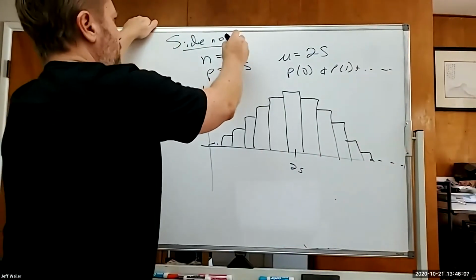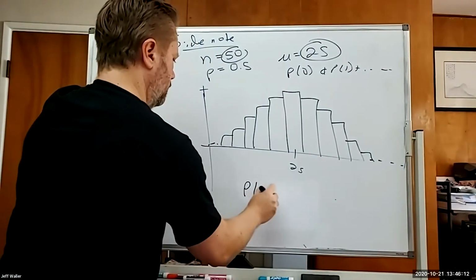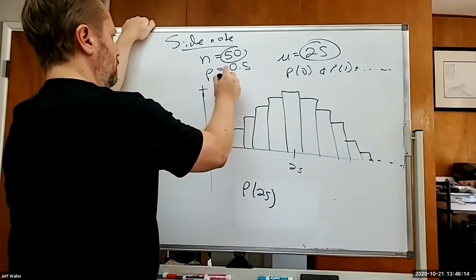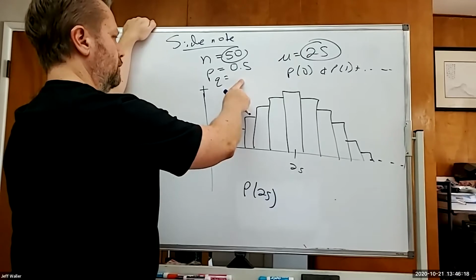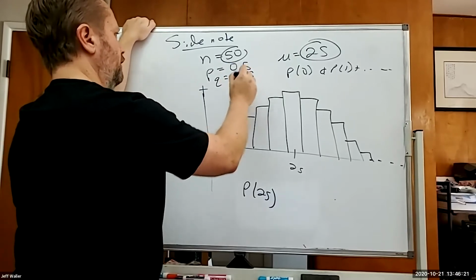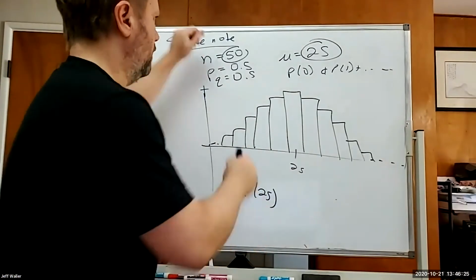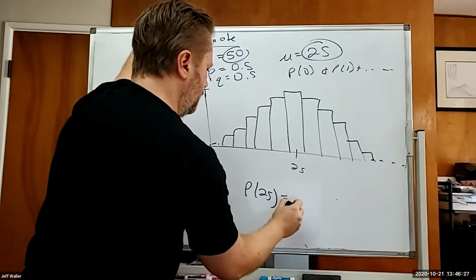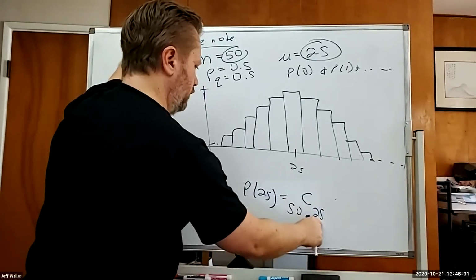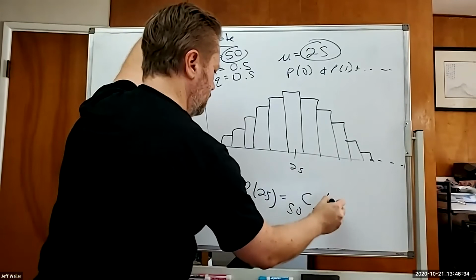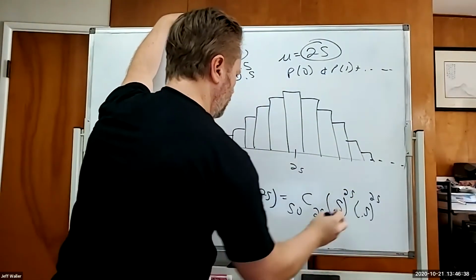How do I get the probability of 25? What's Q? Q, boringly enough, is 0.5. Stay with me now. The probability of 25 would be N choose X, so 50 choose 25. You guys remember this? 0.5 to the 25 and then 0.5 to the 25.